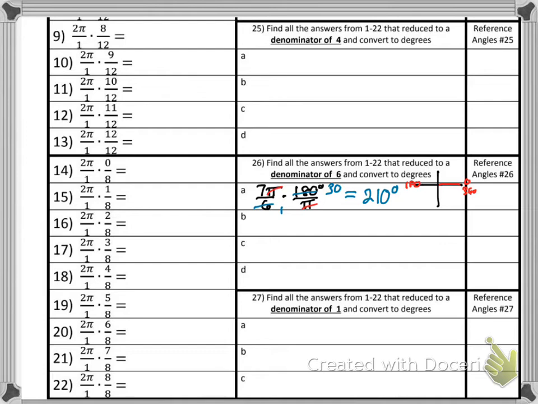Even if I haven't drawn it yet, I know it's going to be over here somewhere. If I was actually required to draw that, I would be more careful about that drawing. But that's 270. So I know it's closer to 180 than it is to 360. So I'm just going to think about 360 minus 210.